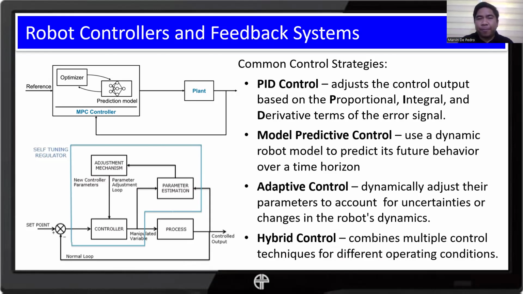To advance that further, and this one does not necessarily use AI, we can combine adaptive with the predictive part, because adaptive control has the advantage of dynamically adjusting the parameters to account for uncertainties or changes in the robot's dynamics.